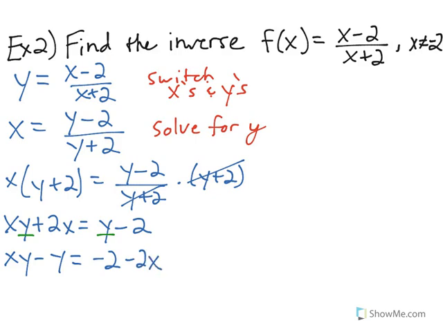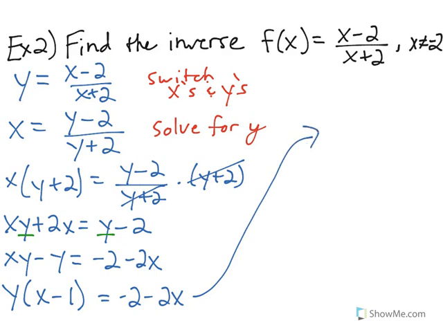Now these two y's, to make them into one, I'm going to factor out a y. And I'm left with y times x minus 1 equals negative 2 minus 2x. So from this step, which is almost our last step, to isolate the y, we have to divide both sides by x minus 1.